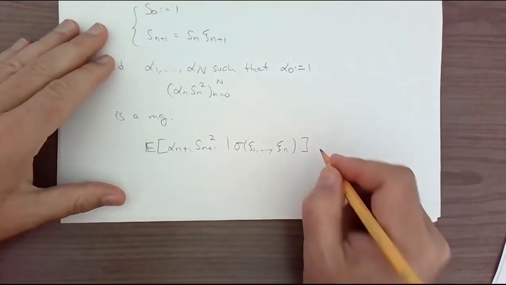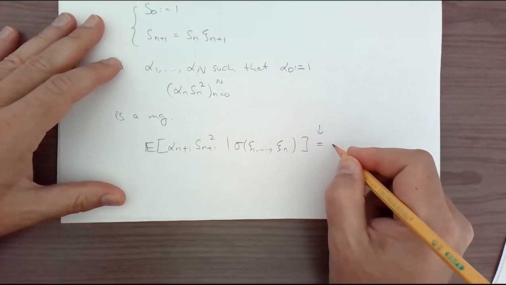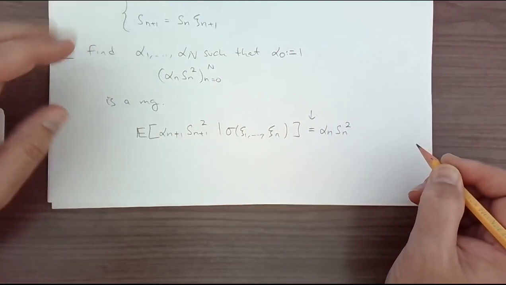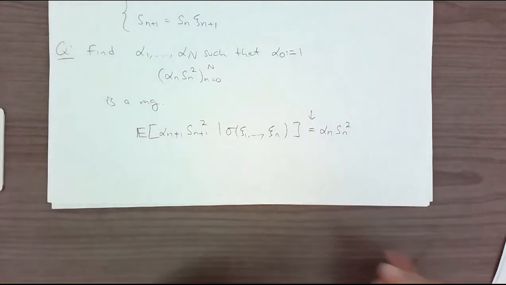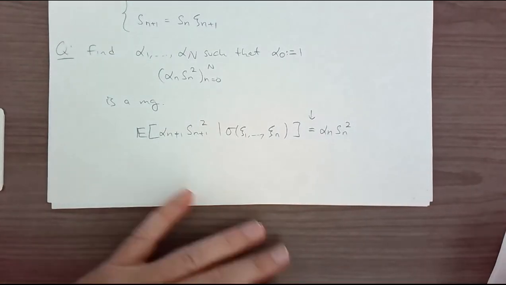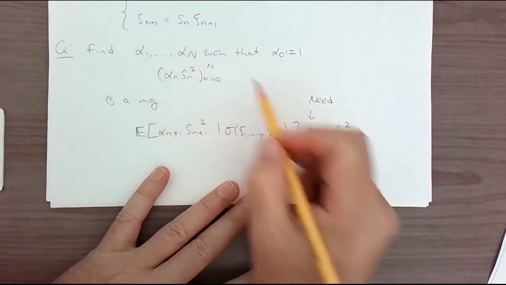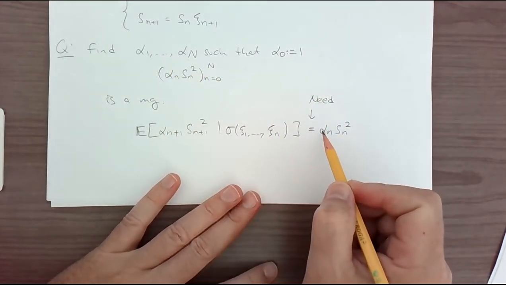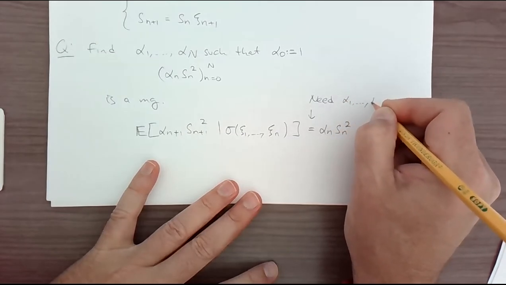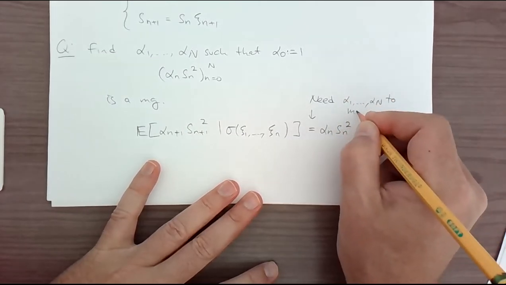We want to prove that this, the martingale property, can be written as alpha n Sn squared. So this is what we need. We need these alphas up here to make this true.